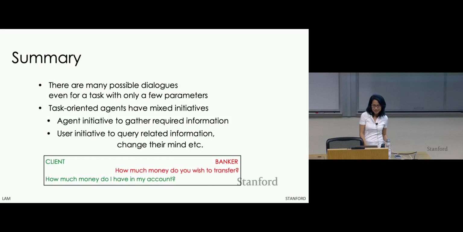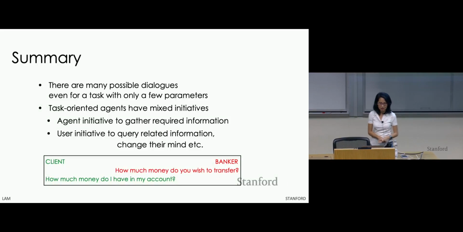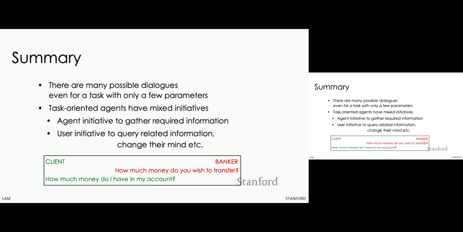So what we're seeing here is that there are many possible dialogues, even for a task with only a few parameters, as in this case, and we have to take care of the users first, and we have to take care of the agent. And here is yet another example just to drill that into your head. How much money do you wish to transfer, if the banker asks you?